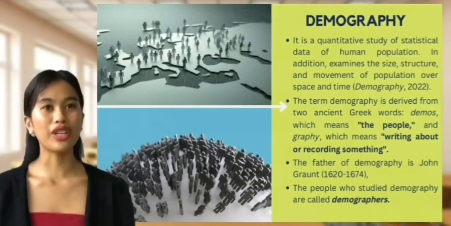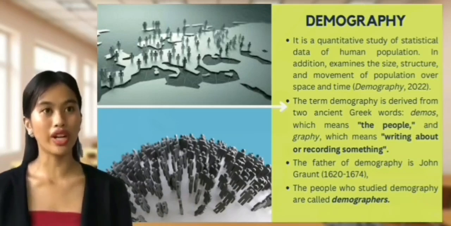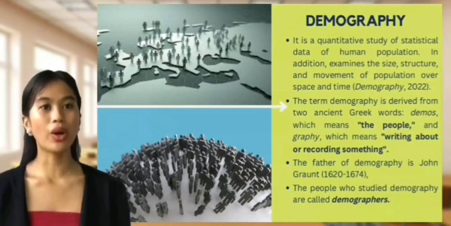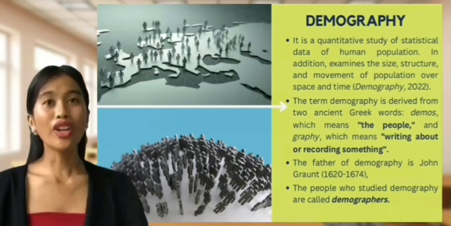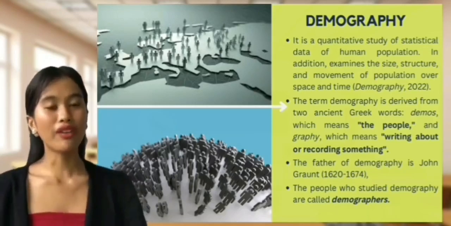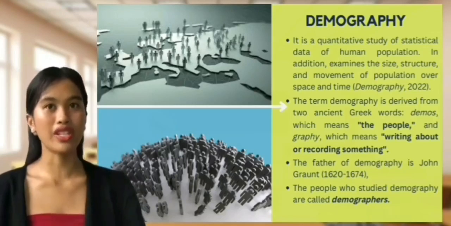The term demography is derived from 2 ancient Greek words, demos, which means the people, and graphy, which means writing about or recording something. According to Wiktionary, demography's origins may typically be traced to England in the 18th century, particularly to the founders of the Royal Society.